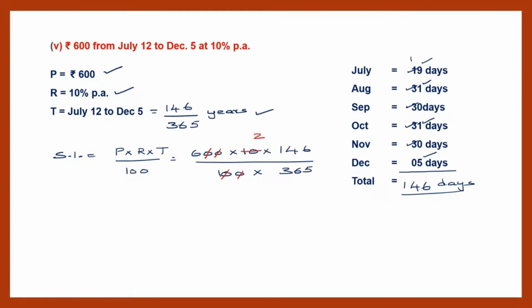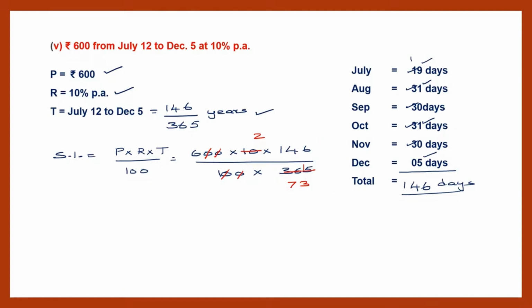5 twos are 10. Now we have to divide 365 by 5. So this is 36. 5 sevens are 35. There is 1 left, 15. So 5 threes are 15. Now we have 73 here, 2 and 73. Now we can cancel 73 and 146.